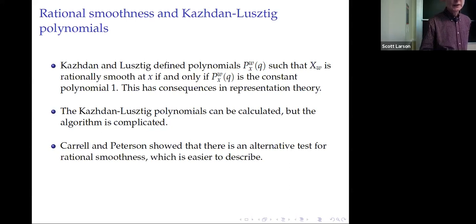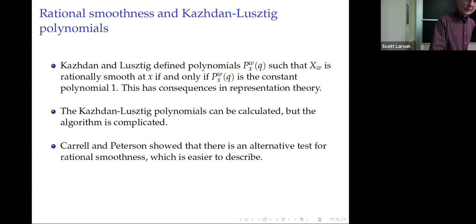Here, W and X are elements of the Weyl group. And this has some consequences in representation theory. Now, the Carrell-Peterson polynomials can be calculated, so in principle it's possible to tell if any point is rationally smooth, but it's a complicated algorithm, and it's not so easy to use to prove anything about the collection of points which are rationally smooth.